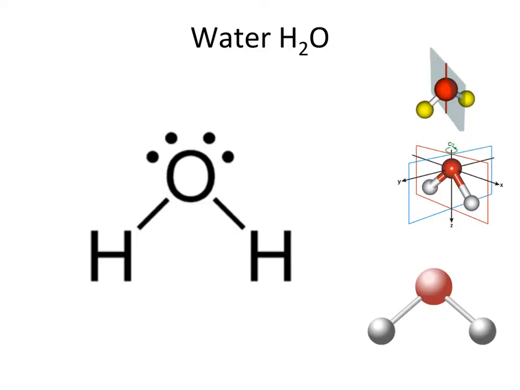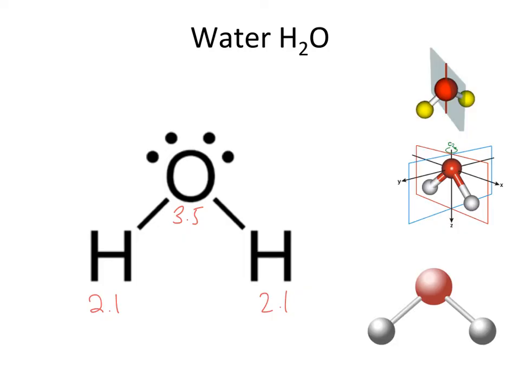Now, in this case, what we have to look at is first, let's establish the electronegativities. Looking on the periodic table, we know that hydrogen is 2.1, this is 2.1, and the electronegativity of oxygen is 3.5. So, we have to look at these differences in electronegativity. Which one is more electronegative, oxygen or hydrogen?